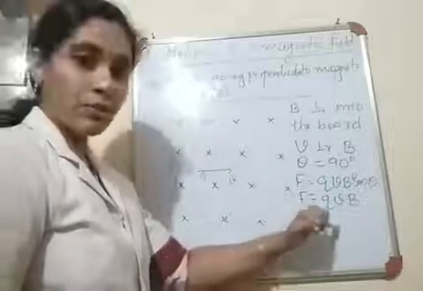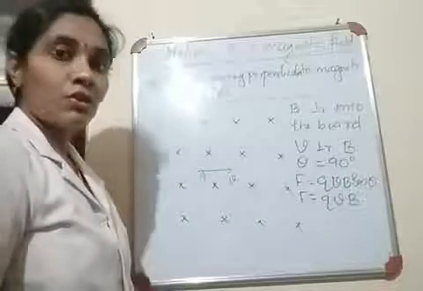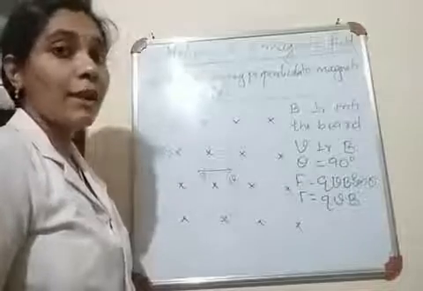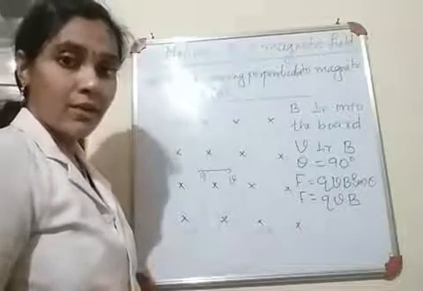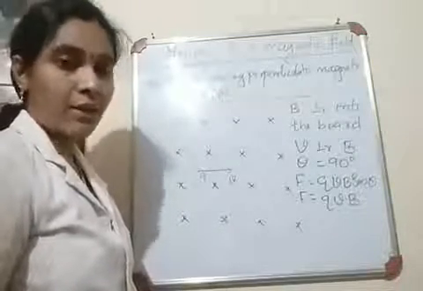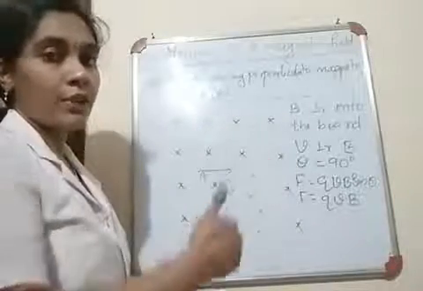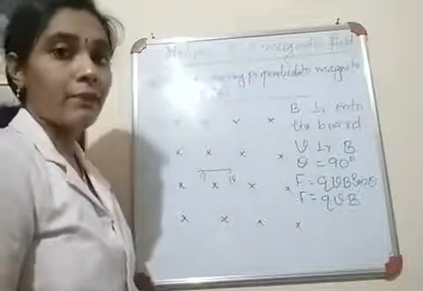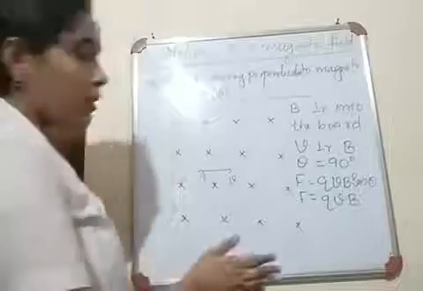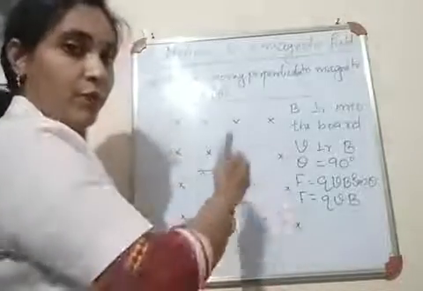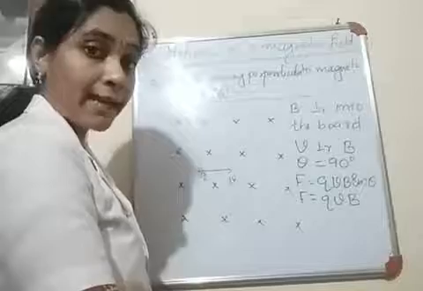To find the direction, you must use your right hand rule, which we discussed in our previous session. Just curl your fingers from V to B, then your thumb gives the direction of the magnetic force.